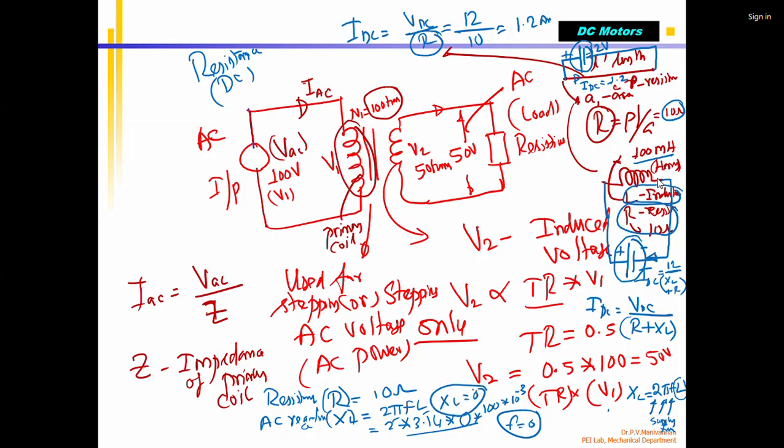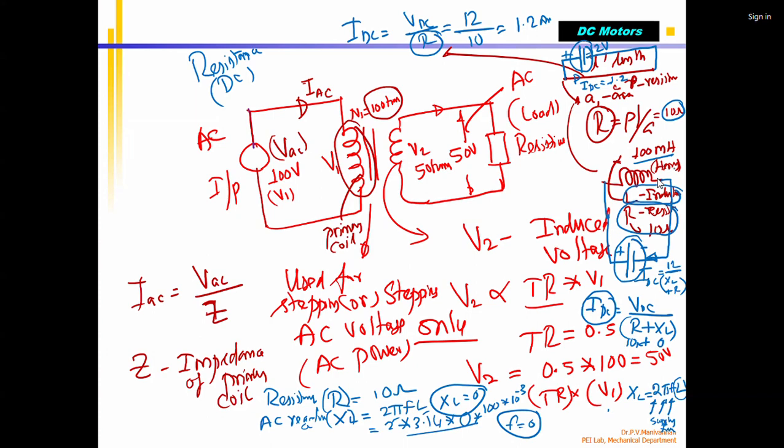If I supply a DC voltage to an inductor coil, which has some resistance and also some inductance, the current is IDC equal to VDC divided by R plus XL. XL is 0, but R equal to 10 ohms remains as it is. So what is my IDC?